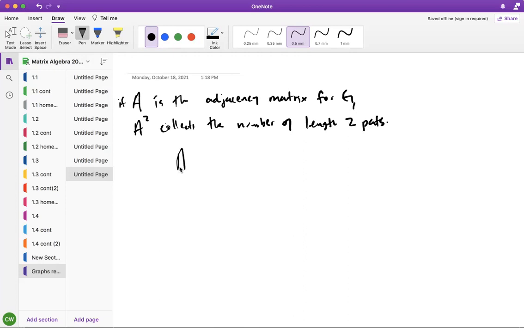In other words, if I'm looking at the ijth entry of A squared, it's the number of length 2 paths from Vi to Vj.